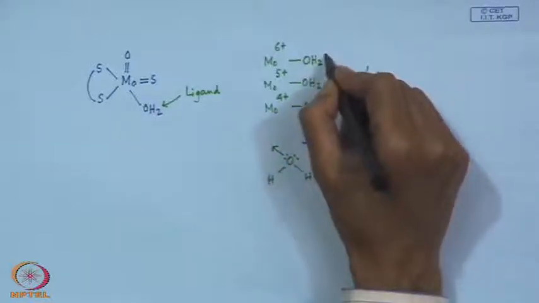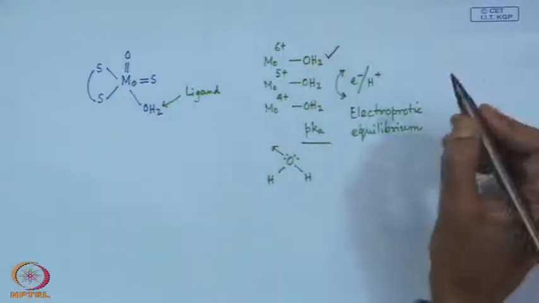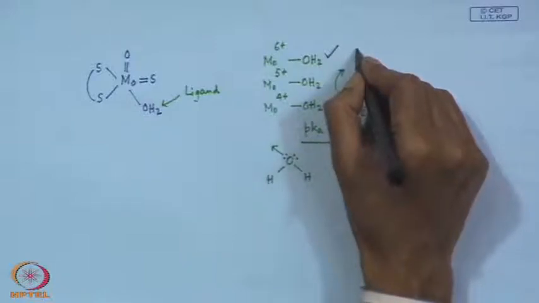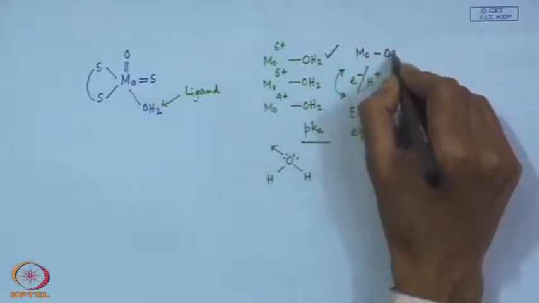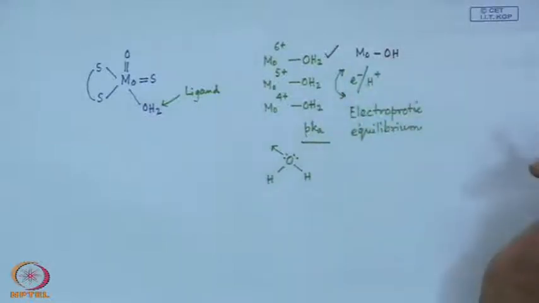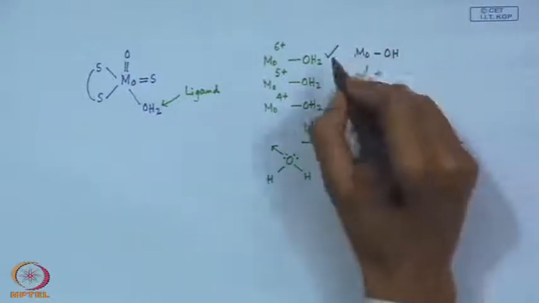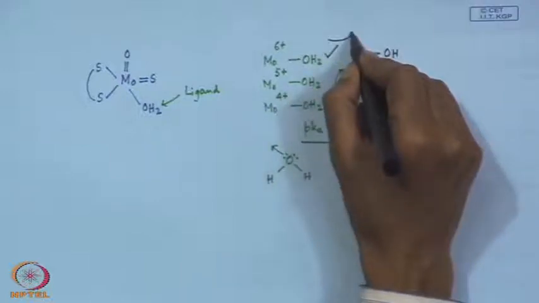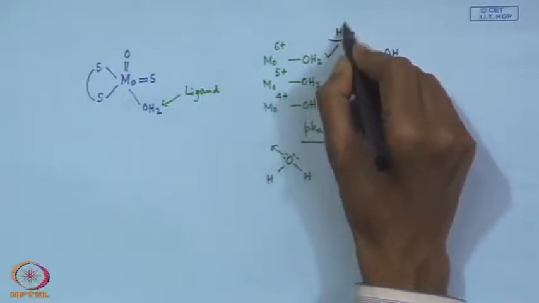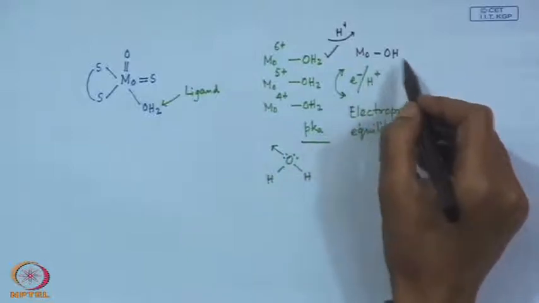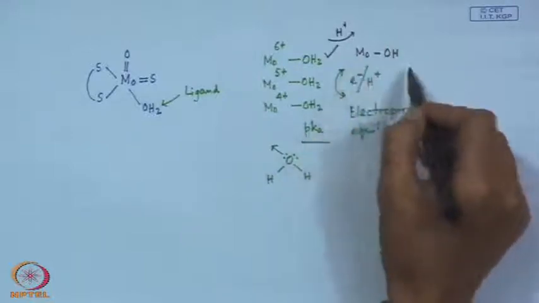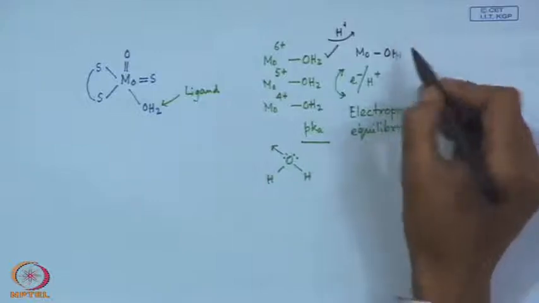The molybdenum in the +6 oxidation state can immediately go for a proton loss, giving molybdenum binding OH with the loss of one proton. So, instead of water bound to the molybdenum center, we have a hydroxide group bound to the molybdenum center.